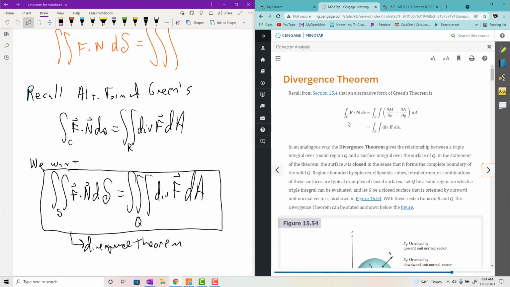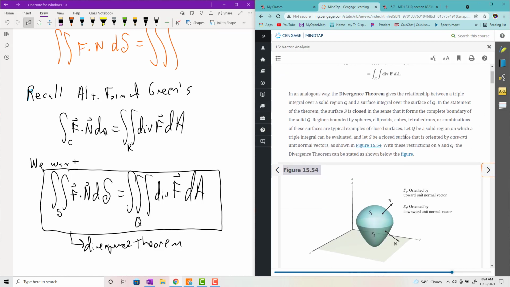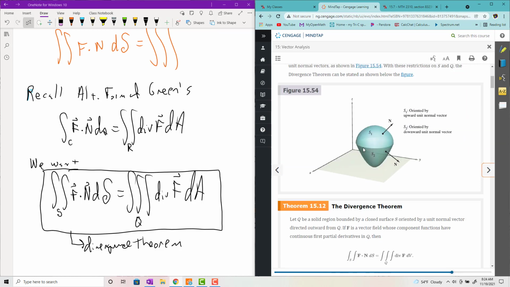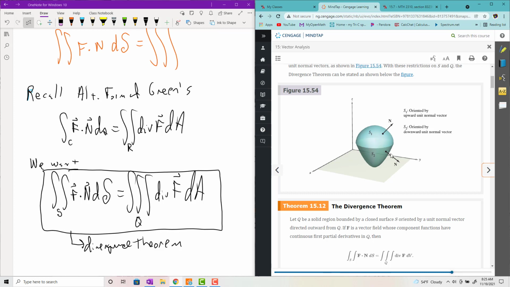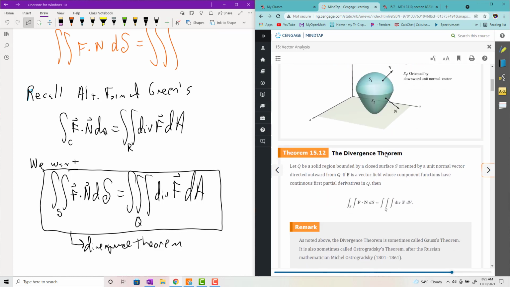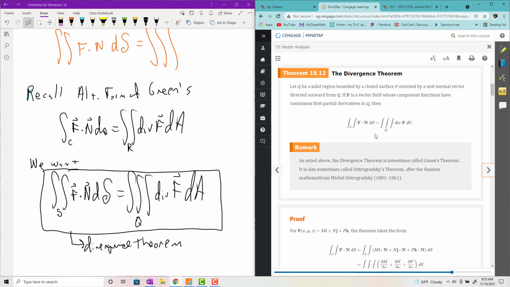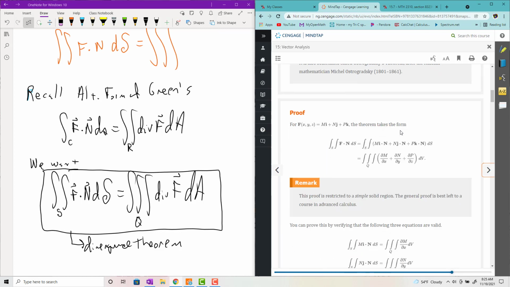Here they are reminding you of the alternative form of Green's theorem, and then they're complaining about how hard it would be to integrate a solid object where you have to do multiple integrals because the solid object is like a composite of a bunch of different quadratic surfaces. And then they introduce the divergence theorem, which solves the issue.